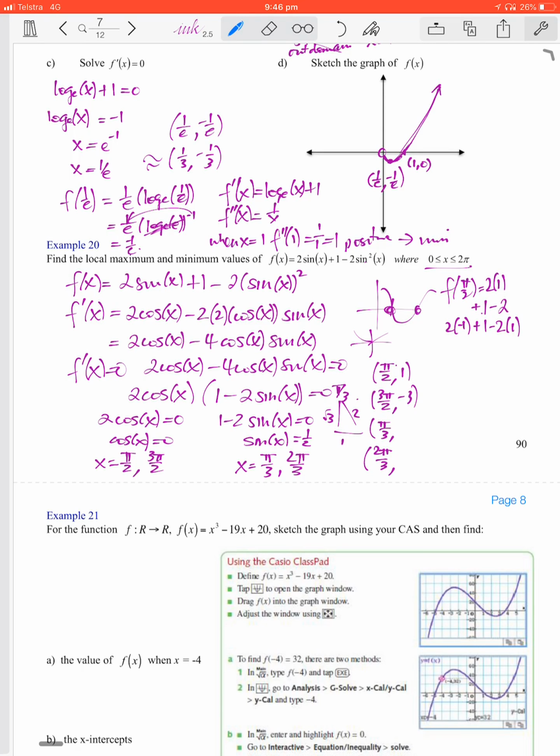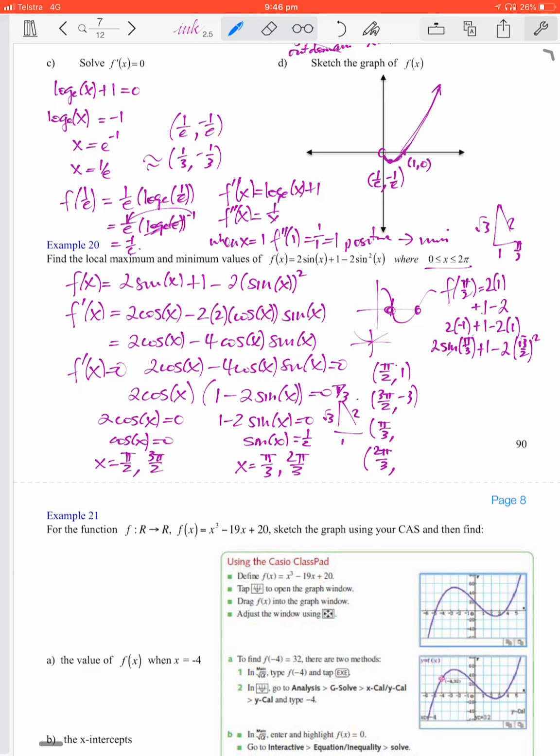If I put pi on 3 into it, I get 2 sine of pi on 3, which is root 3 on 2, so 2 times root 3 on 2, plus 1, and then minus 2 times root 3 on 2 squared.